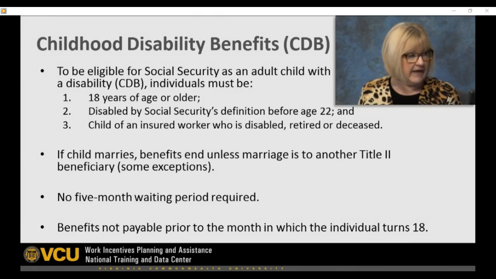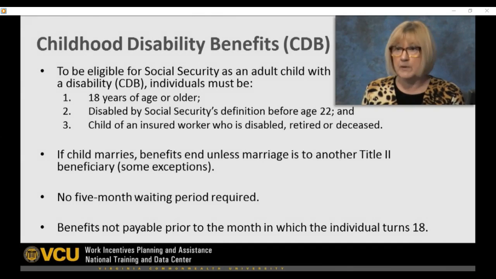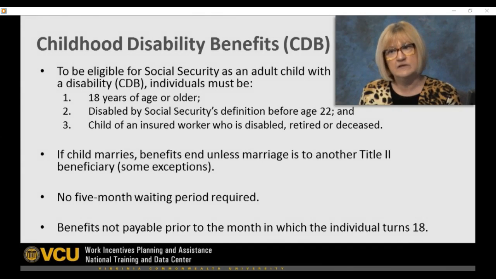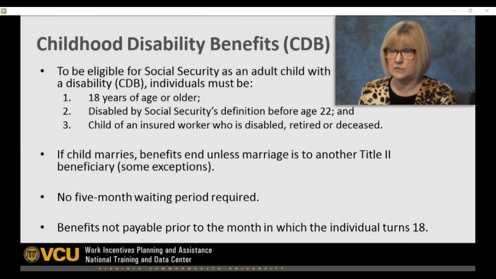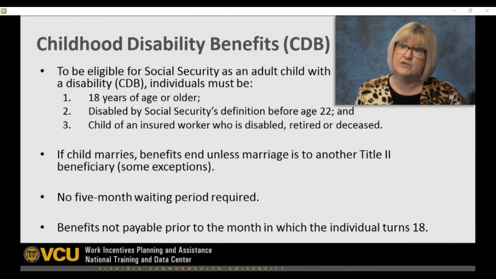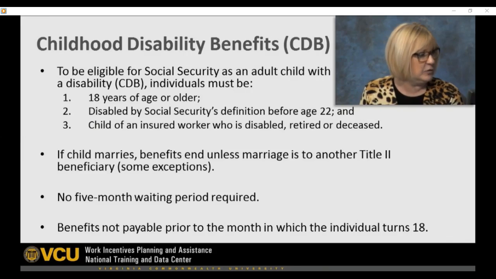But beyond that, the individual must be 18 years of age or older. That seems like it wouldn't fit, but that is the rule. In order to get childhood disability benefits, you have to be at least 18. The childhood word comes from the next criteria. Your disability, based on Social Security's definition, has to have started before the age of 22. Okay, so the disability was established as a child, right, before the age of 22.